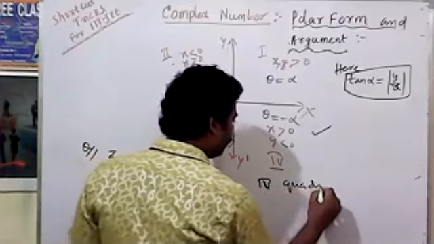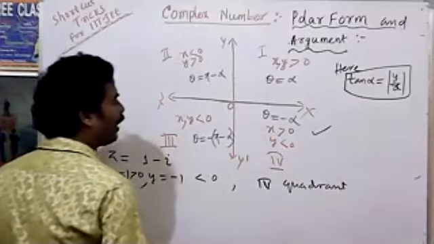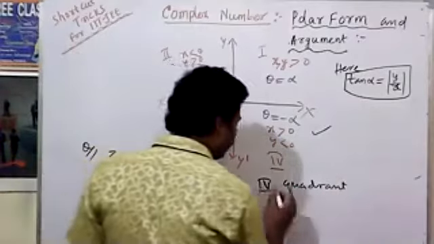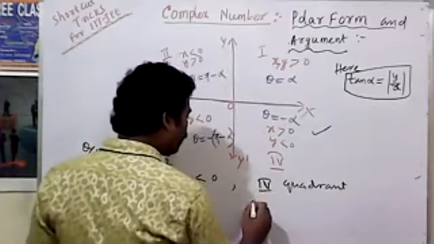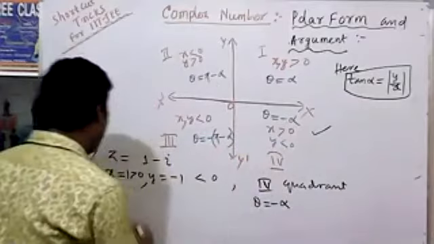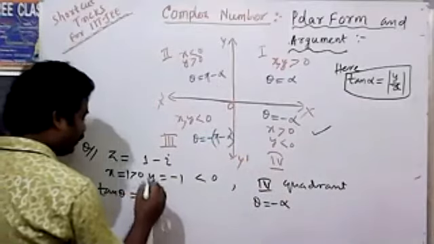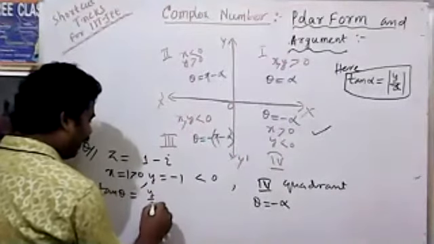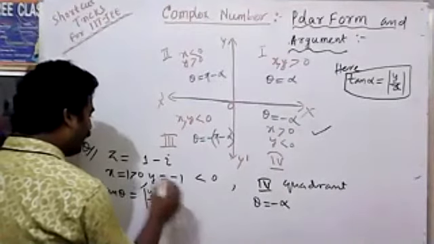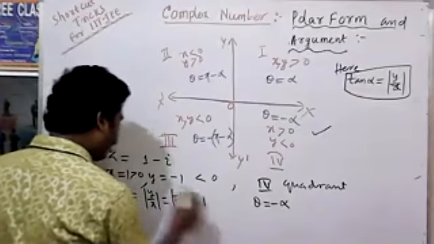So it comes in the fourth quadrant. If it is in the fourth quadrant, then theta is equal to minus alpha. And tan alpha is equal to the modulus of y by x, the modulus of minus 1 by 1, which is equal to 1.